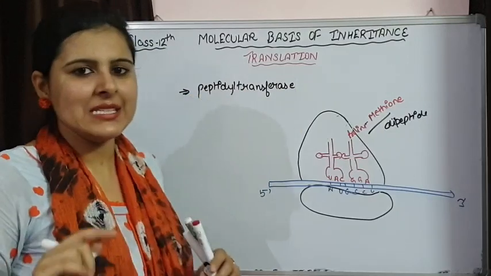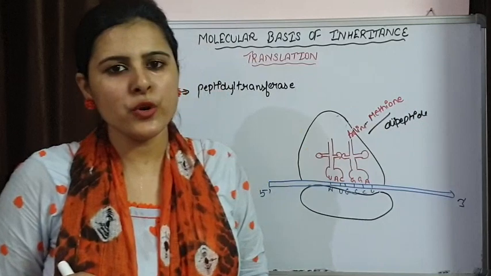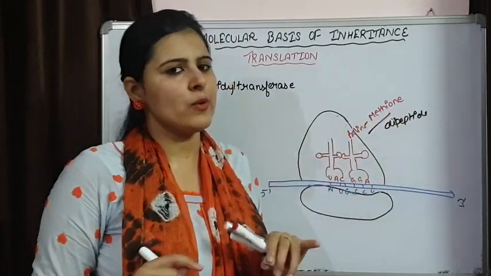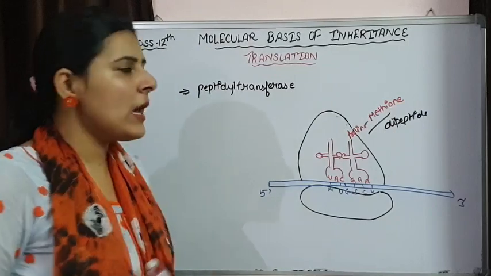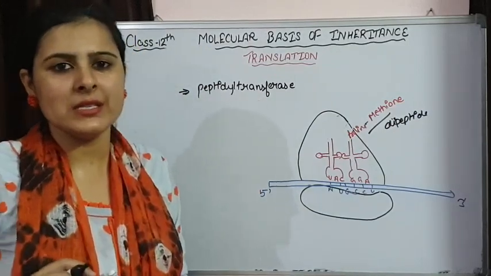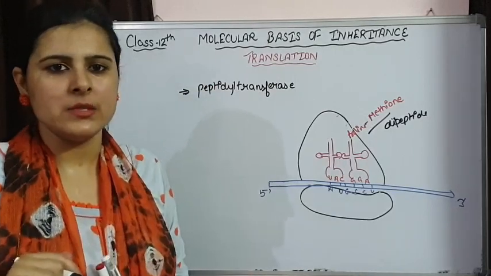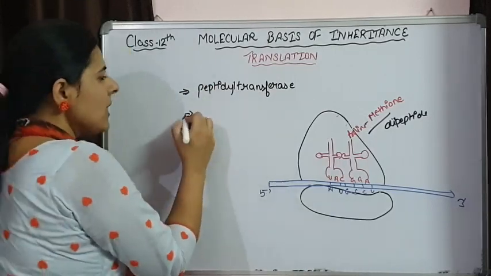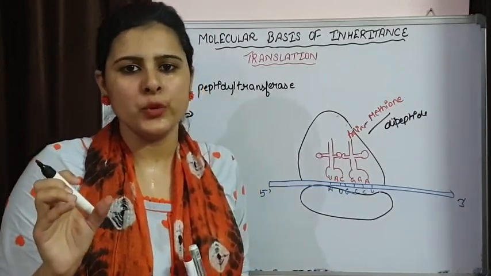So the enzyme that is responsible for catalyzing peptide bond formation between these two amino acids is peptidyl transferase. Now what this peptidyl transferase is, it is not just like other enzymes. It is the rRNA that is present in the larger subunit.